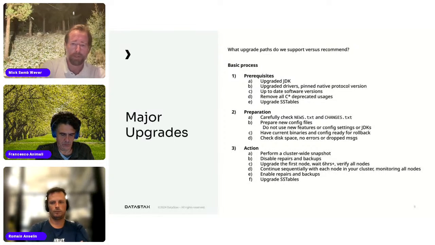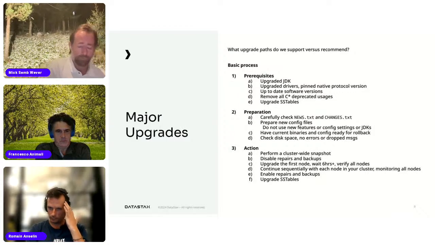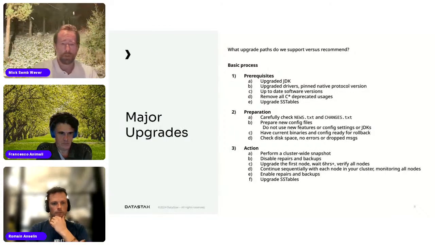So what we mean by that is adjacent major versions. You can upgrade from any 3 version to any 4 version, but you can't upgrade from 3 to 5 and skip 4.